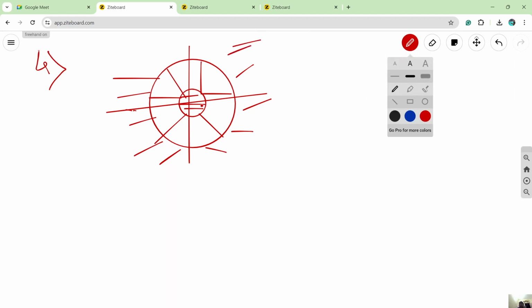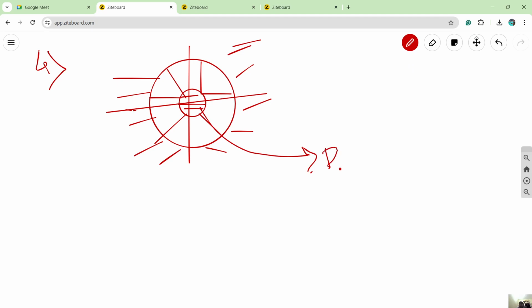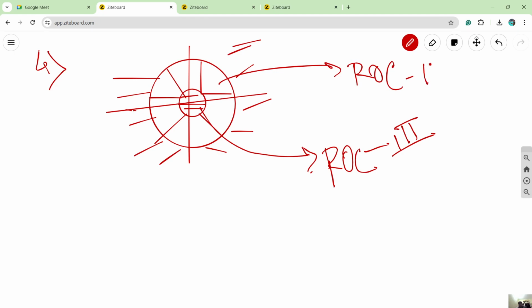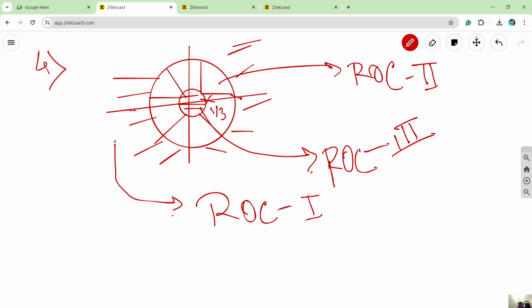So inside this circle, the ROC we denote as ROC 3. We denote this as ROC 2. And the outside ROC is ROC 1. And this is the 1 by 3 point. This is the 1 by 2 point.